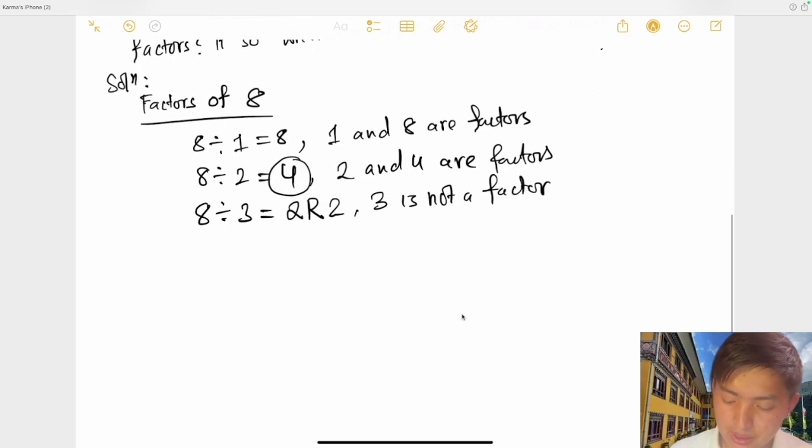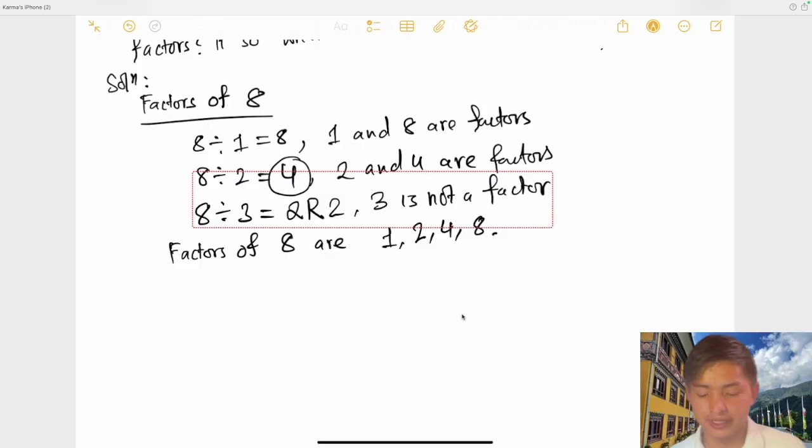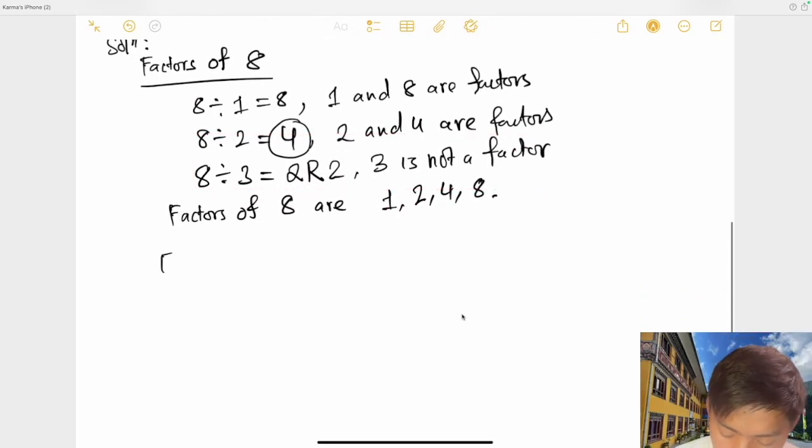So factors of 8 are 1 definitely, 2, 4 and 8. So these are the factors of 8. Now let's find the factors of 32.